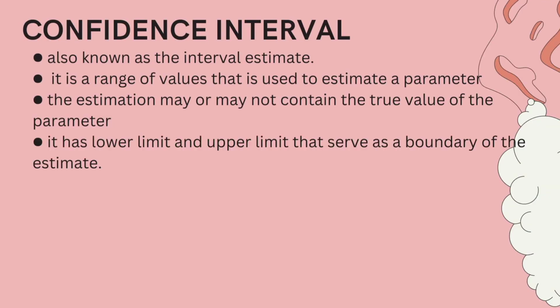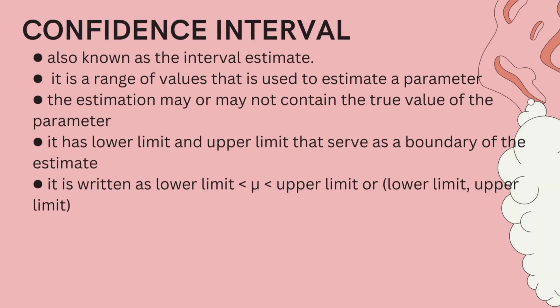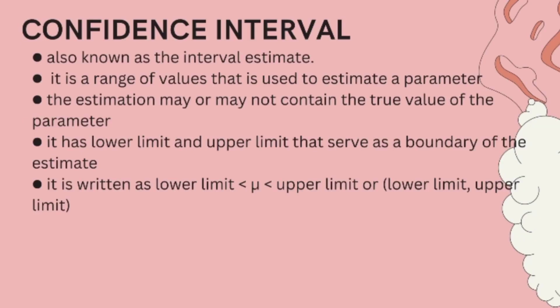It has a lower limit and an upper limit that serve as the boundary of the estimate. It is written as lower limit less than mu less than upper limit, or open parenthesis, lower limit, comma, upper limit, close parenthesis.